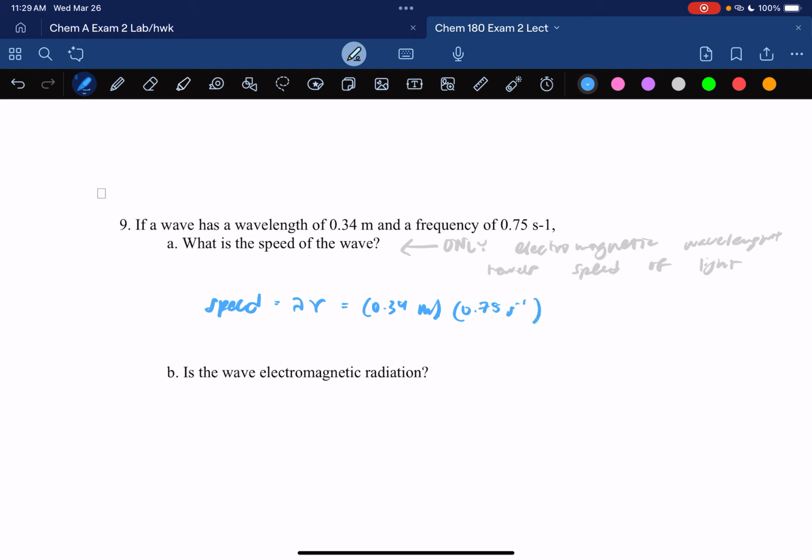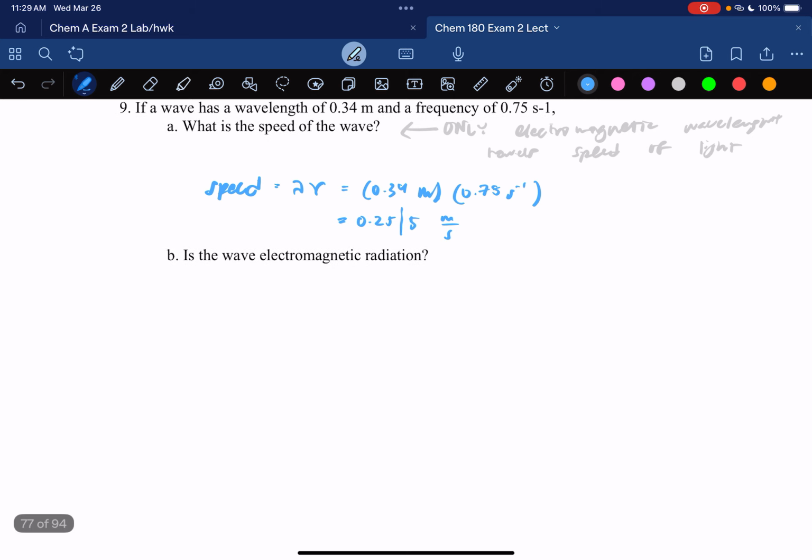Second part: is the wave electromagnetic radiation? No, right? Because electromagnetic radiation would have traveled at 3.0 times 10 to the 8 meters per second. The speed of electromagnetic radiation is equal to 3.0 times 10 to the 8 meters per second.